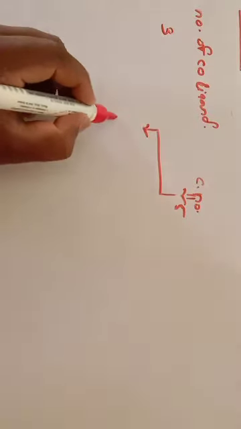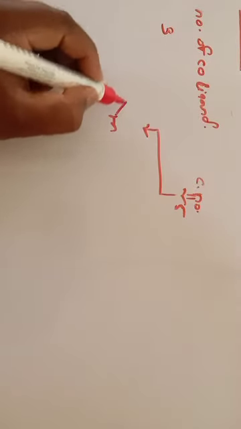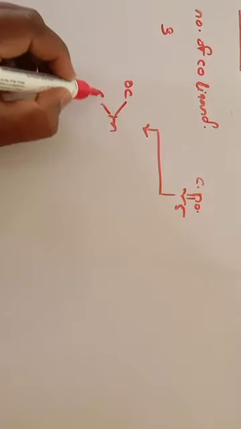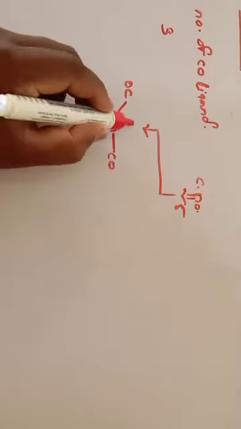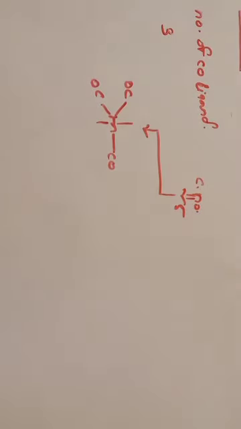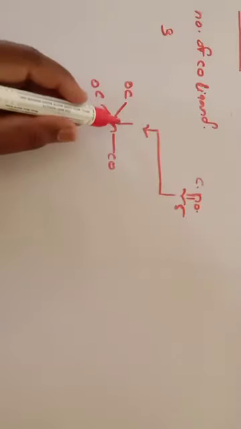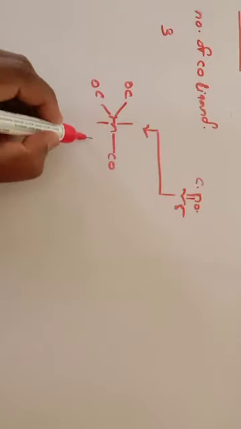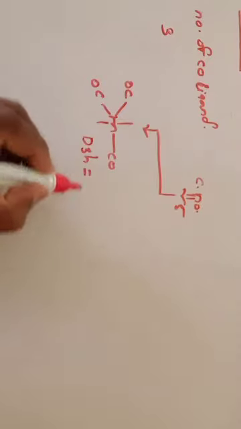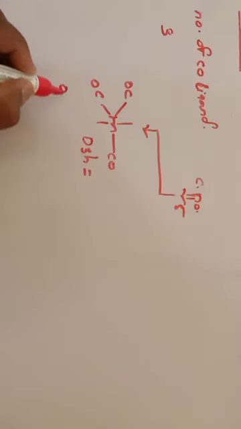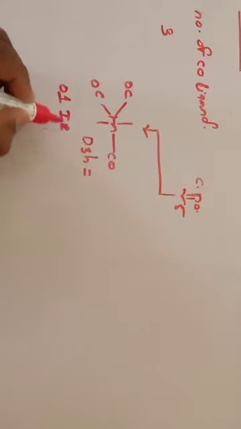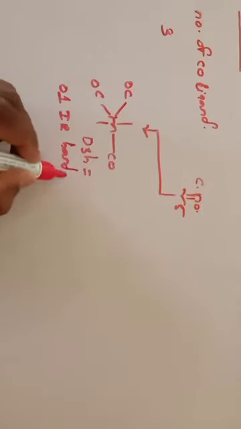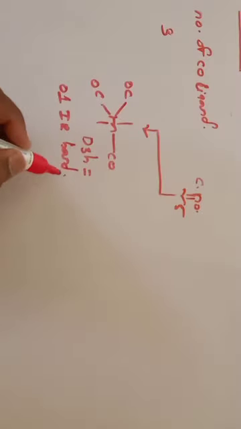The first is where all 3 ligands are in the equatorial plane and the 2 axial positions are vacant. In this case the molecule is symmetric, the principal axis is C3 and a perpendicular C2 is also present, so the point group is D3h. We get only 1 IR band. So this is the first possibility.